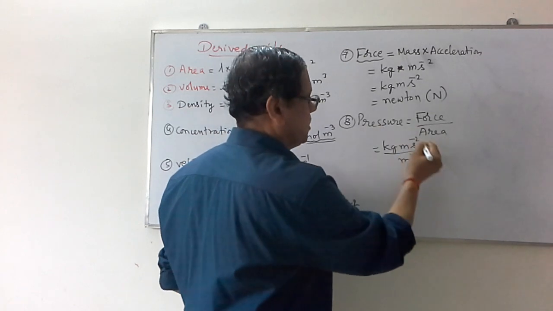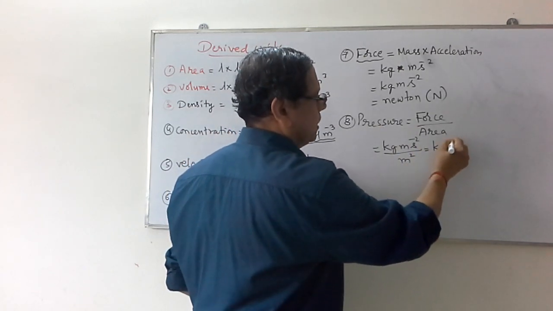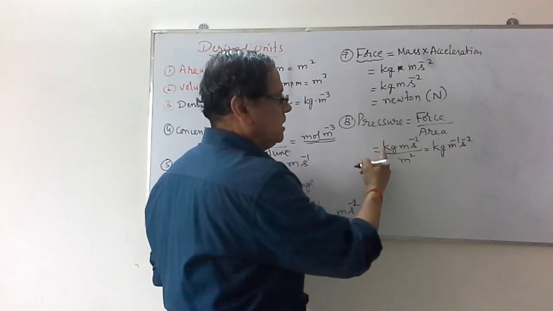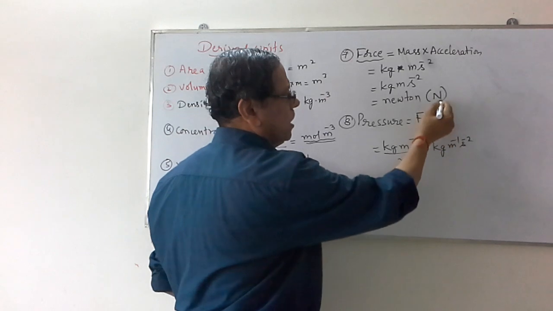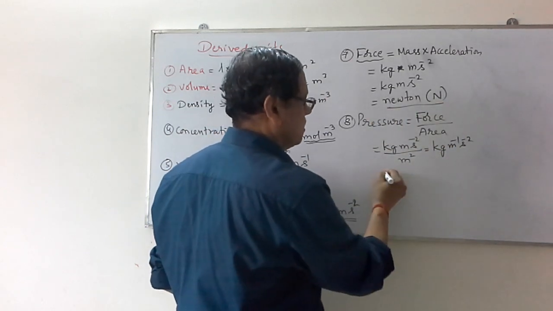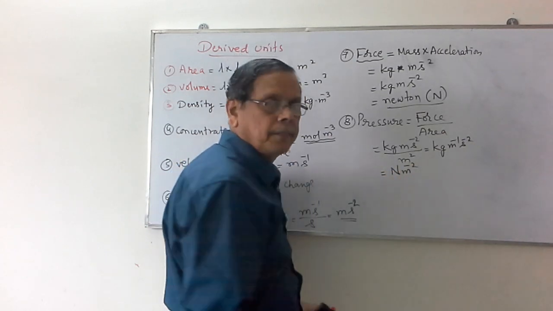That's why this pressure can be expressed in terms of kg per meter per second square. But kg meter per second square is also expressed in terms of newton. Thus, this is also expressed in terms of newton per meter square.